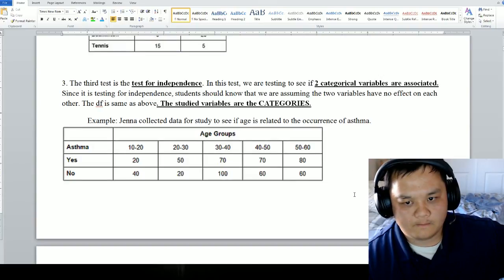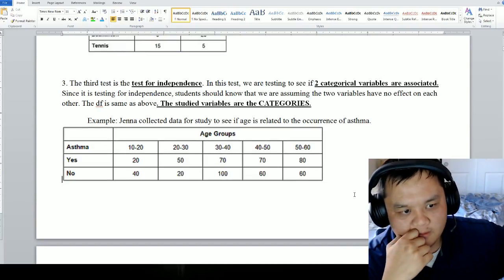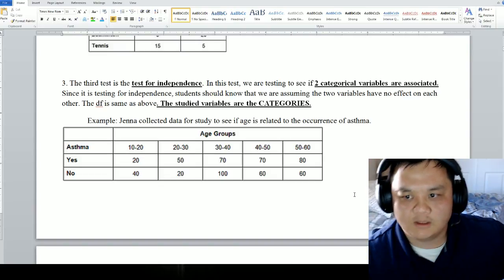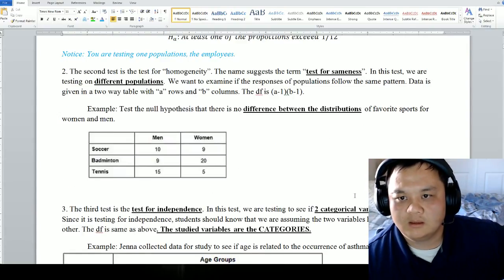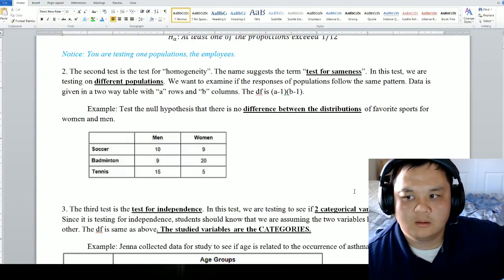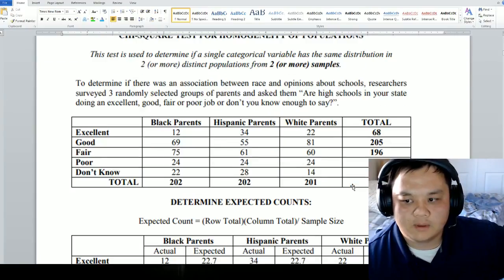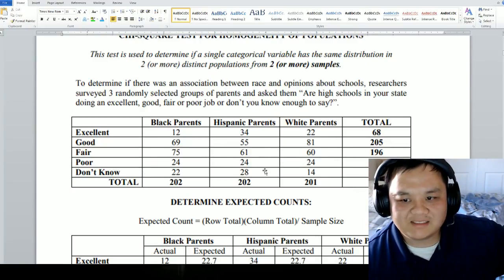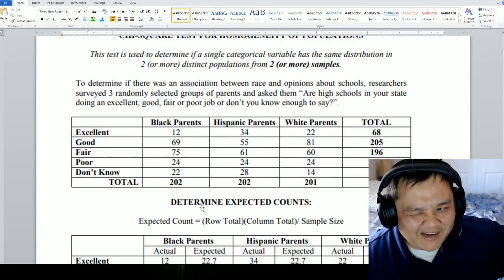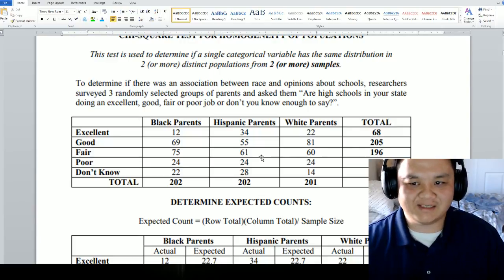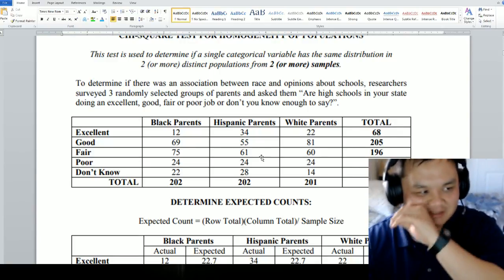So basically, the difference between homogeneity and the test for independence is the population. Yes. Because here you are wondering, is this multiple populations? No, it's one population. It is the population of parents.